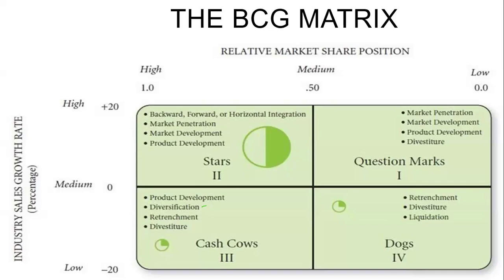Again, when your industry growth rate potential, particularly the score, is closer to the -20, then that means that even the market share position that you are currently enjoying is not sustainable.